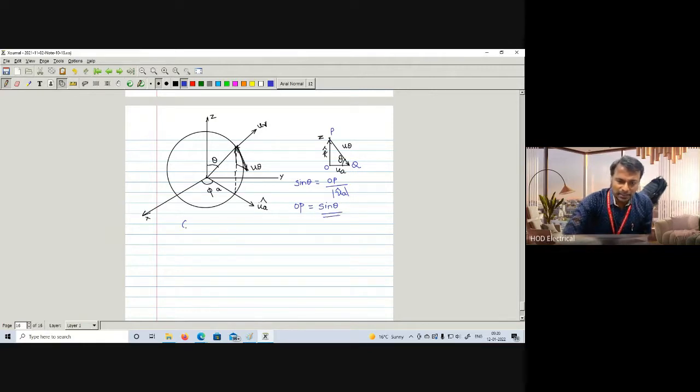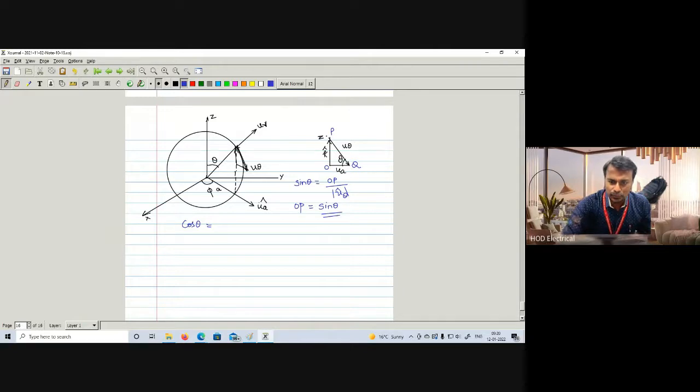Similarly, cos theta is given by the opposite side over the hypotenuse. Sorry, there is a small mistake: this will be u theta.